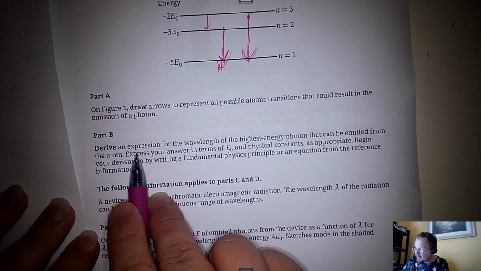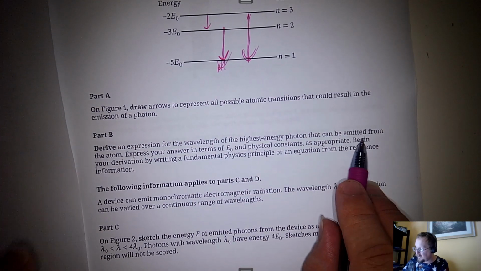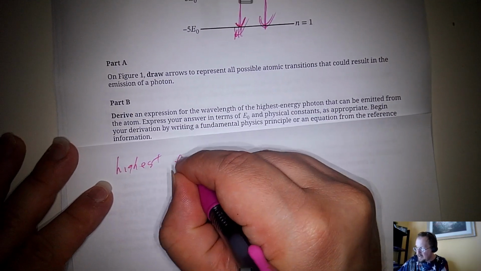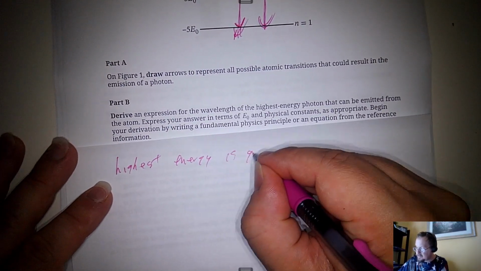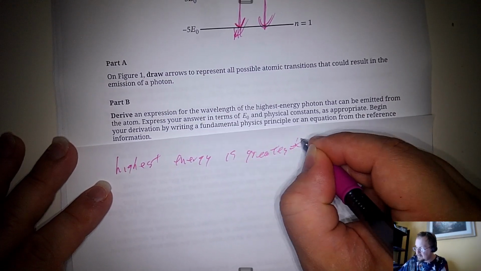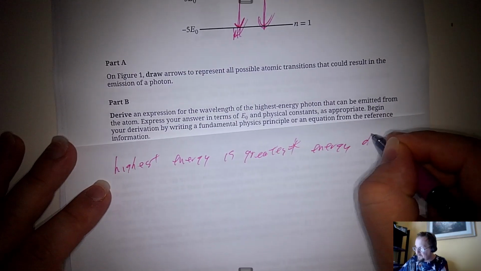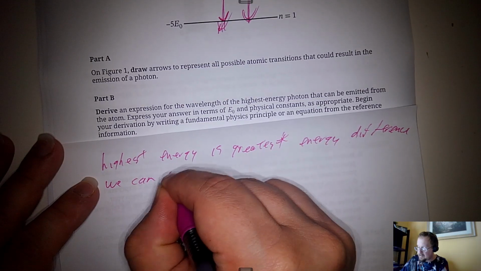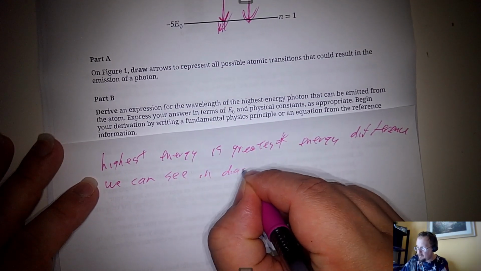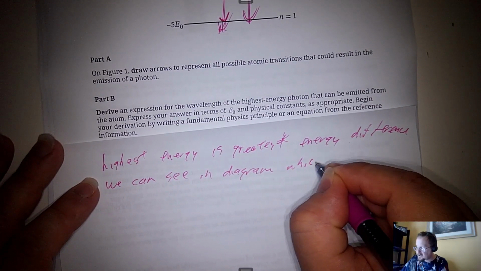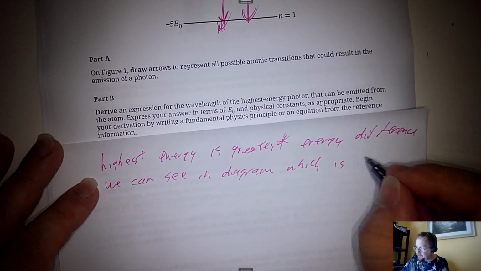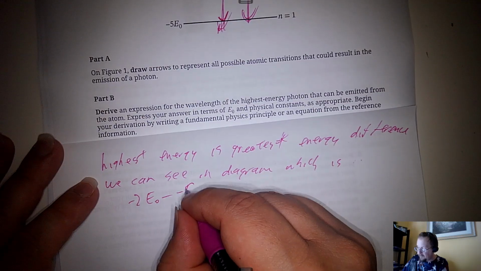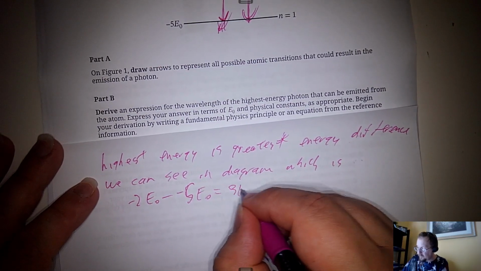Derive an expression for the wavelength of the highest energy photon that can be emitted. The highest energy is the greatest energy difference we can see in the diagram, which is negative 2 E naught minus negative 5 E naught equals 3 E naught.